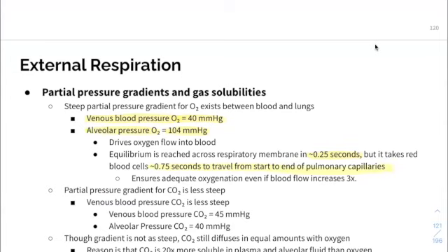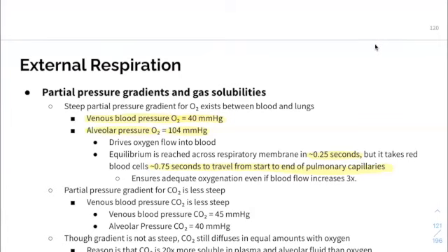It takes our red blood cells about 3/4 of a second to travel through those pulmonary capillaries. Remember, those pulmonary capillaries are so small that only one red blood cell can travel through at a time. So they're usually traveling in a single file line through those pulmonary capillaries.